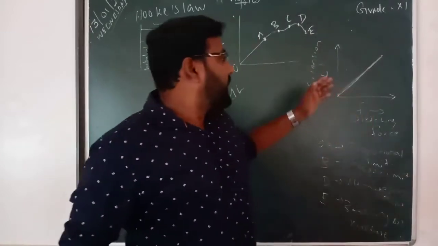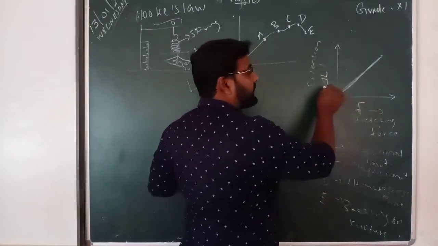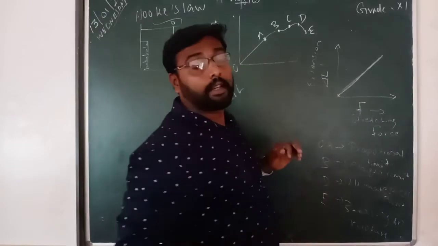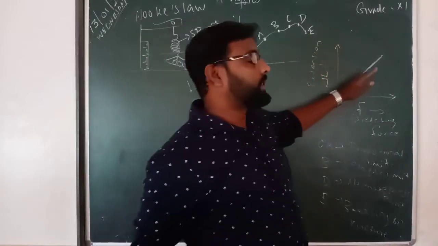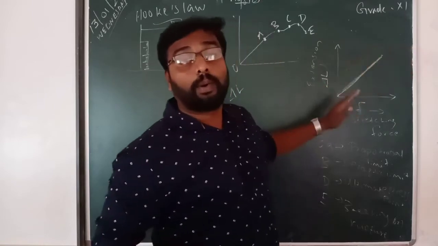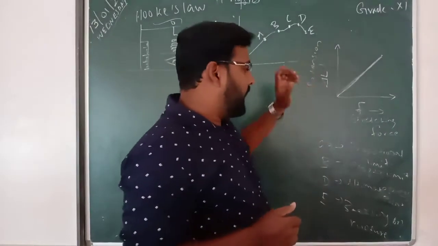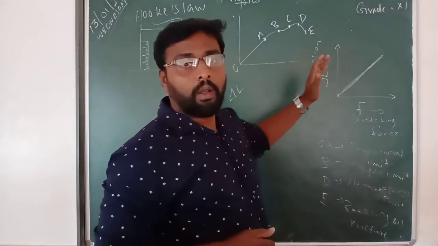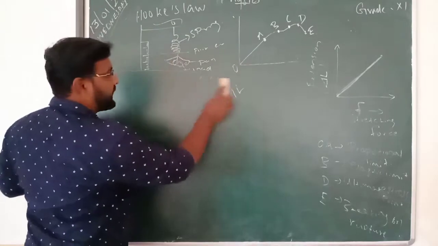If you draw a graph with stretching force F on the x-axis and elongation delta L on the y-axis, you will get a straight line graph passing through the origin. Now a small relation is there.